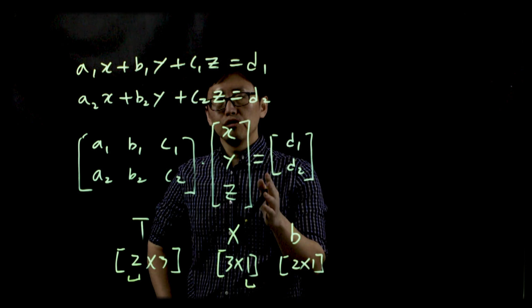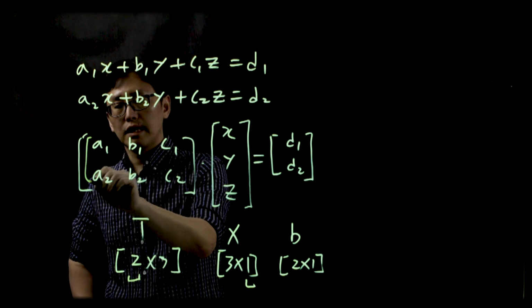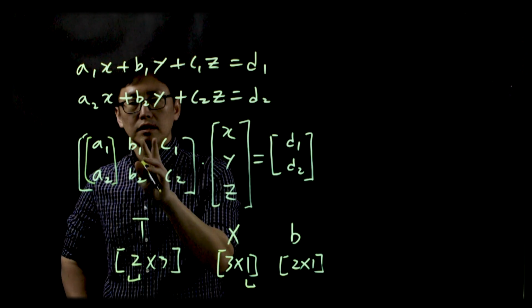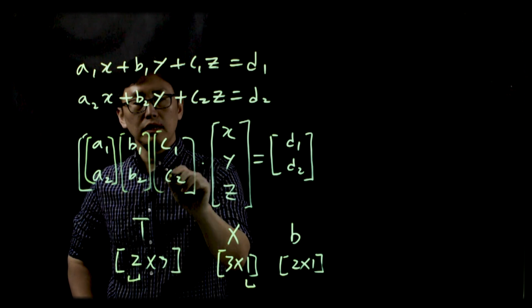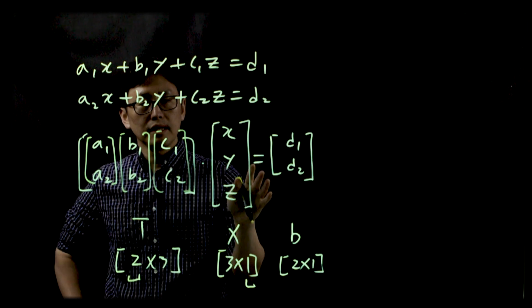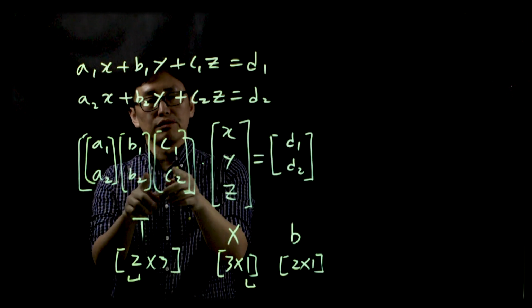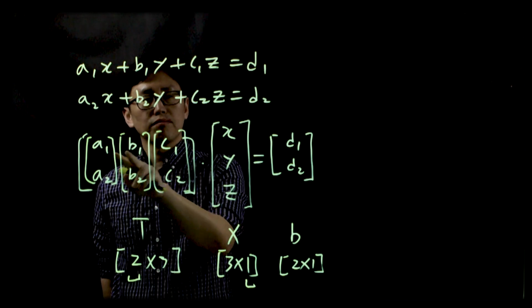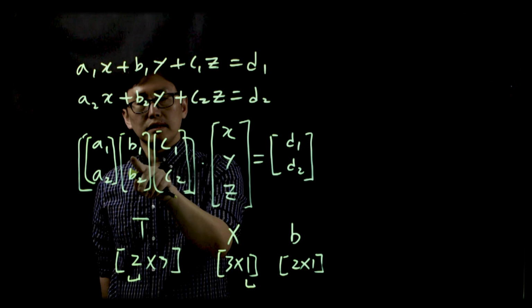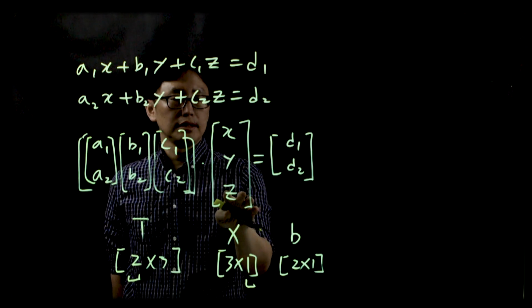And the rule of the multiplication is that if you think of the first column of A as a single column vector, and the other columns as well, then the entries of the vector are the coefficients for each column. So the first column will be multiplied by x, the second column by y, and the third by z.